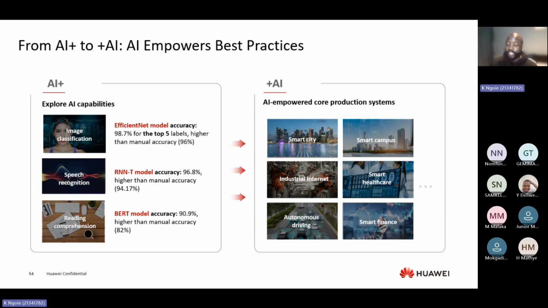You have AI that can be used as an assistant in the lab, in the healthcare ecosystem. In the industrial sector, when manufacturing cars, all the machines are controlled by AI. You have it in autonomous driving. So we have self-driving cars, and as well in smart finance.